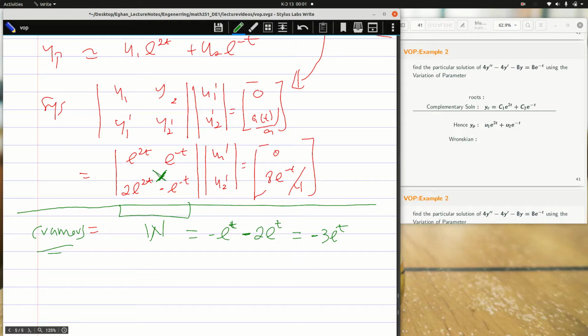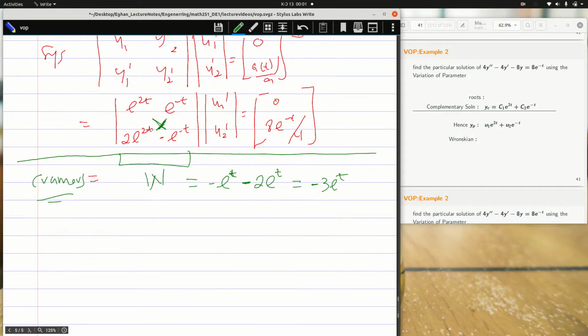And so to find u1 prime, it is simply some determinant over the Wronskian. What are they? Again, because this is the first term, I replace this part of the equation by the right hand side. So 0, I can easily divide this to give me 2e to the negative t. Oh yeah, 4 to 8.